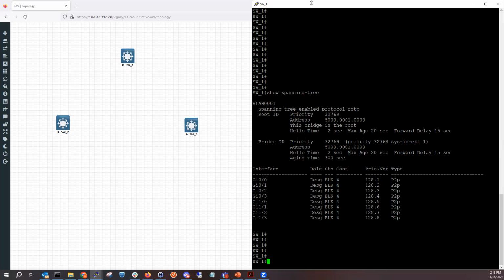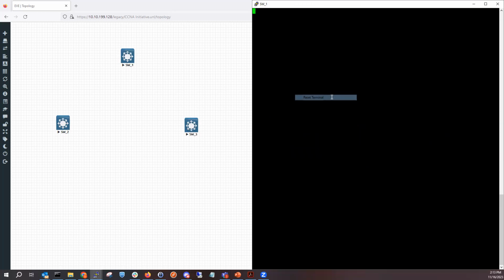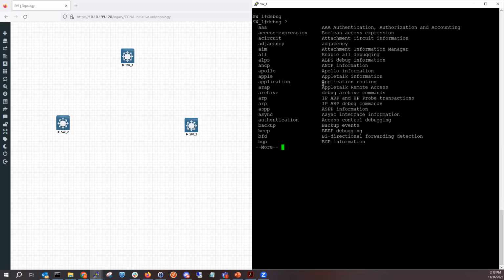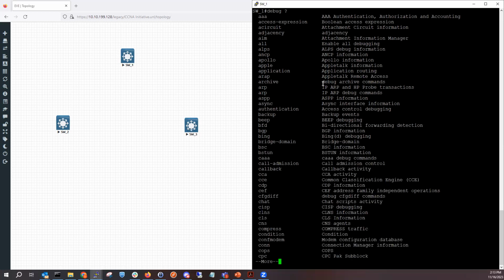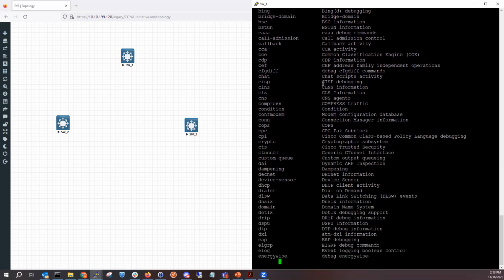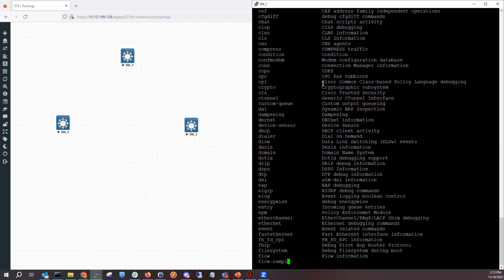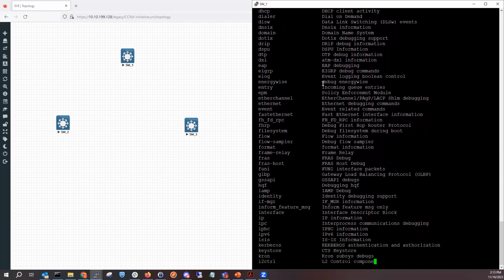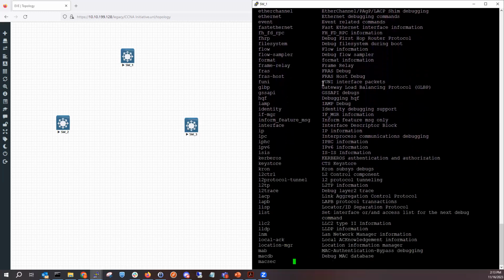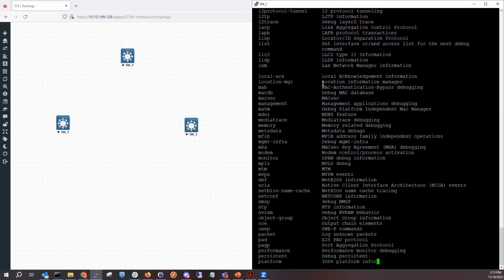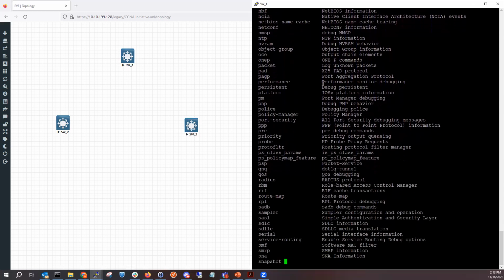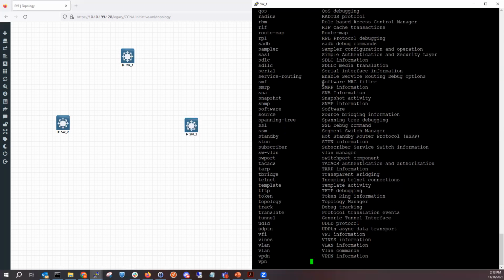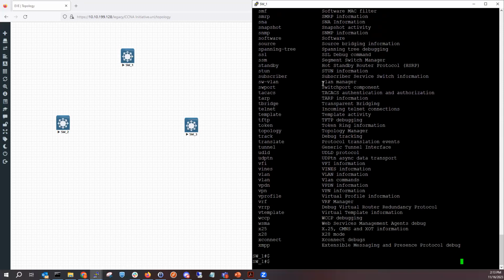So let's clean up the terminal and let's do a debug, and we're going to question mark it out. We have all these options. What we're looking for is spanning tree, so we're going to have to hold the space bar for a while. Imagine if it was just enter. Oh my goodness, it's been line by line. Okay, perfect.